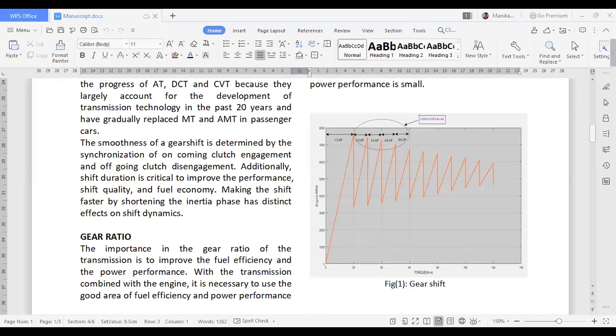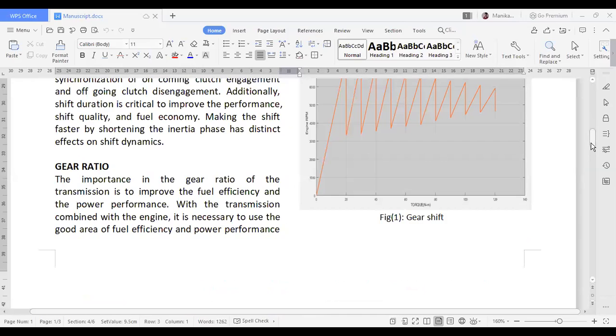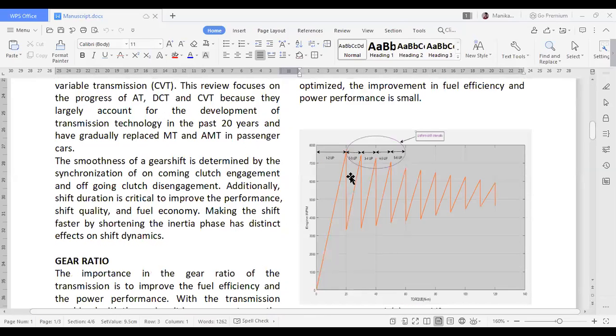That is, if you look into this diagram, the step size between gear 2 and gear 3, 3 and 4, 4 to 5, 5 to 6, 6 to 7, and so on till the last gear, the intermediate shifts are almost all uniform. So this gives the pleasant ride characteristics of the vehicle.